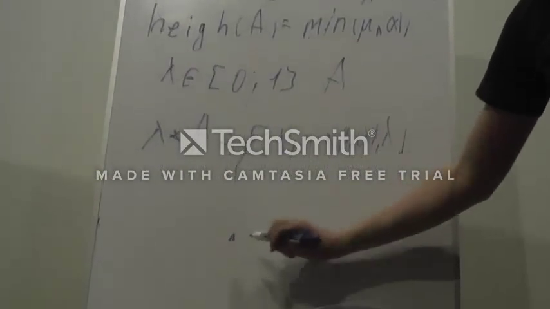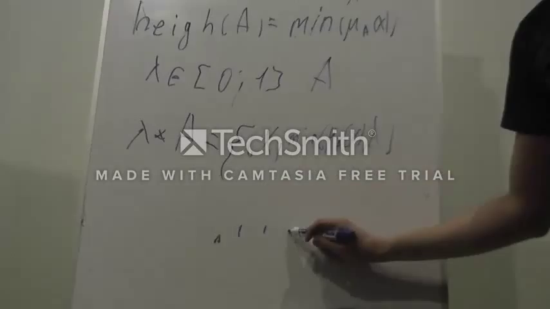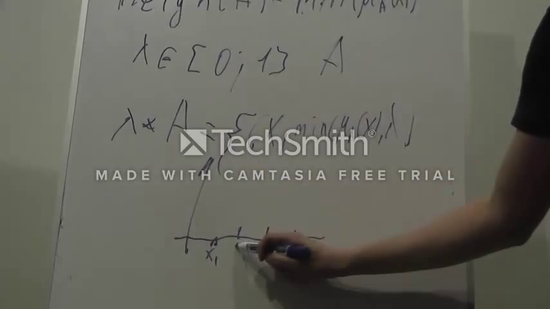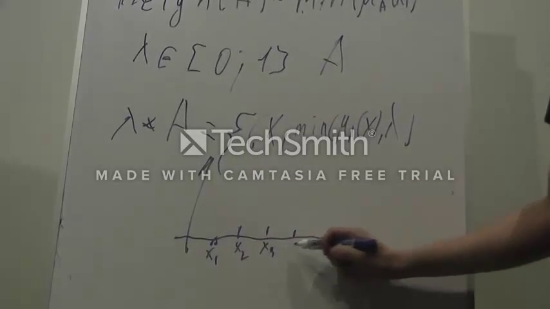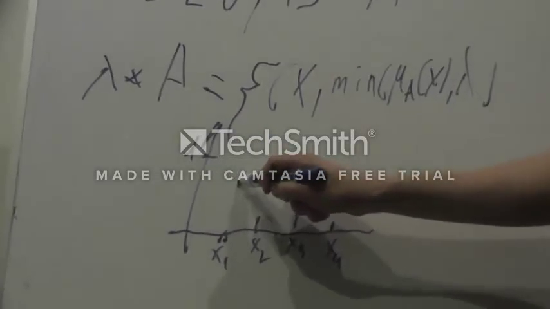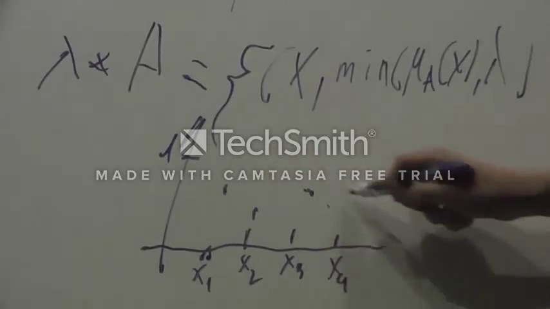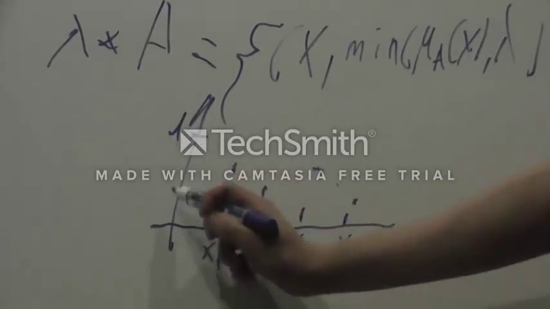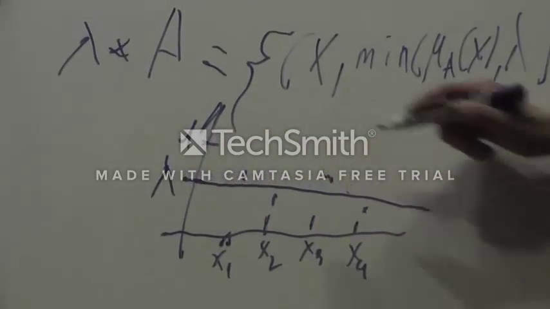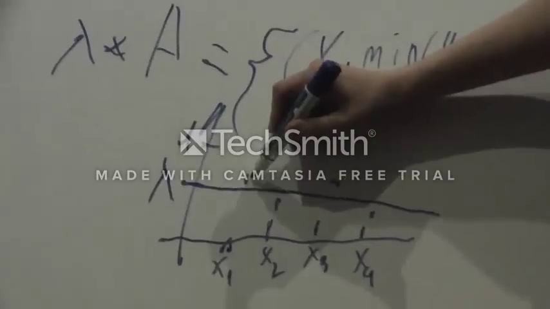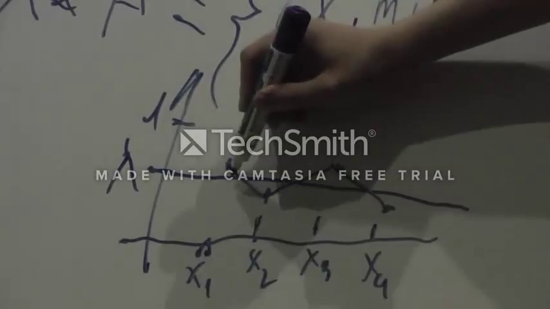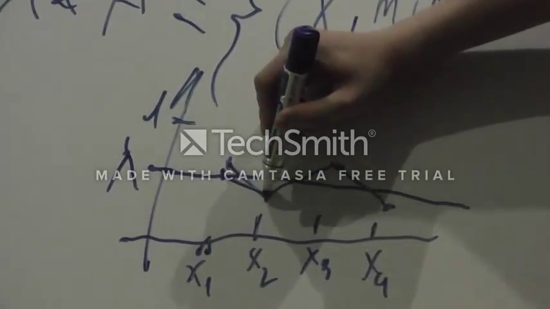If we take a fuzzy set, show it as a graph with different memberships, and we choose lambda like this, then if our first set had this graph, our new set will have this one.